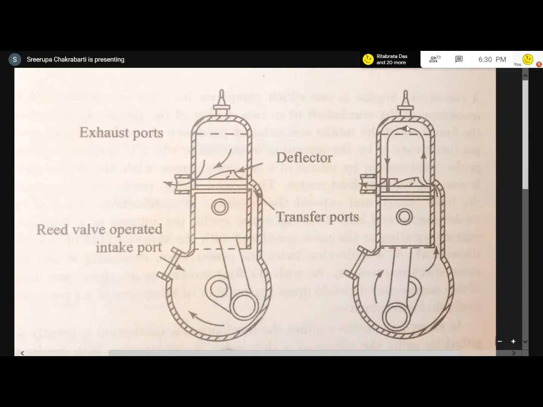Some portion of the stroke is utilized for power generation. So when the piston is up to here, this movement is used for power generation. Then it is exhaust and suction also here. The gas intake is also occurring. So power stroke, exhaust and suction all occur when the piston is going down.